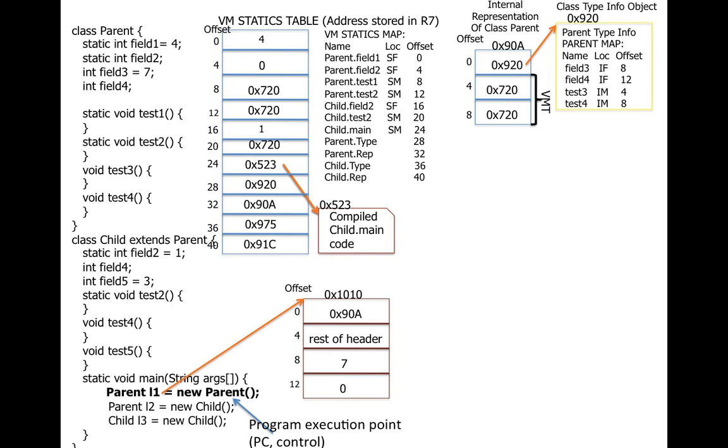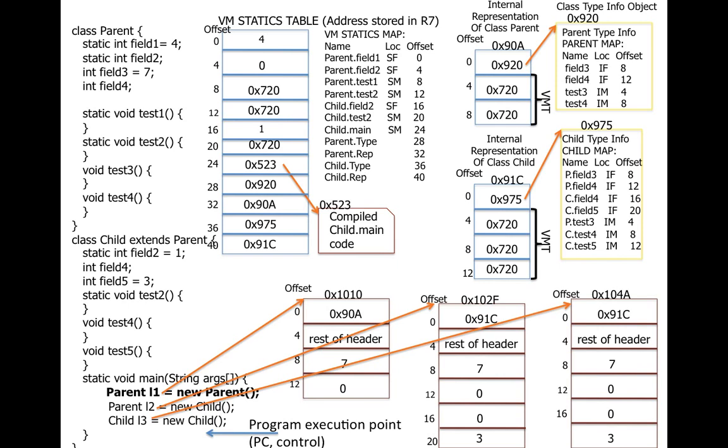So in the code on the operand stack, what you have is an address throughout this process and afterwards that is value 1010. This is the reference that variable L1 holds. This is the reference to the object. If I ever access a field from this variable, we're going to go to address 1010, add an offset, and access the field.